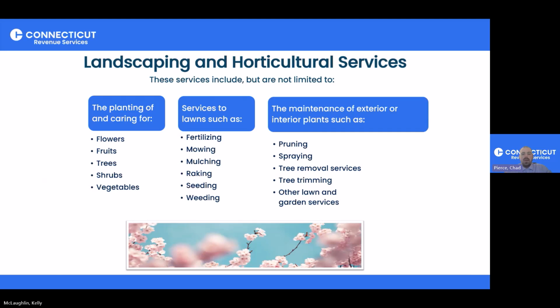And lastly, the maintenance of exterior or interior plants such as pruning, spraying, tree removal services, tree trimming, or other lawn and garden services. One thing to think about if you're unsure if it's a landscaping service is basically anything that you're doing to beautify a property or make it look nice. That is going to fall under the landscaping service.